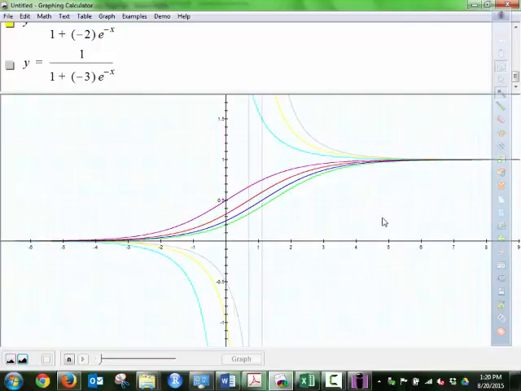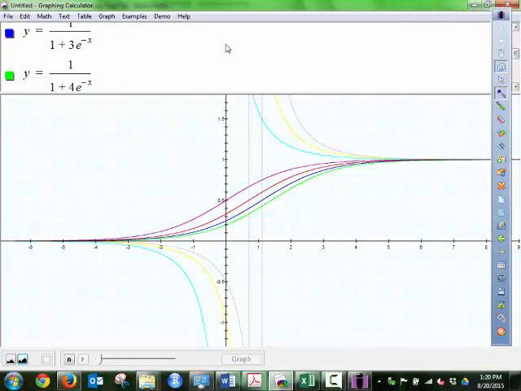Looks like some of these have asymptotes. Yeah, they just shoot up. That would make sense if e to the negative x times 3 becomes negative 1, then that would make the denominator equal to 0. Whereas if you're adding, e to the x will never be 0 and never negative, so there's no chance for the denominators to be equal to 0. So it looks like our domain would work for everything there.